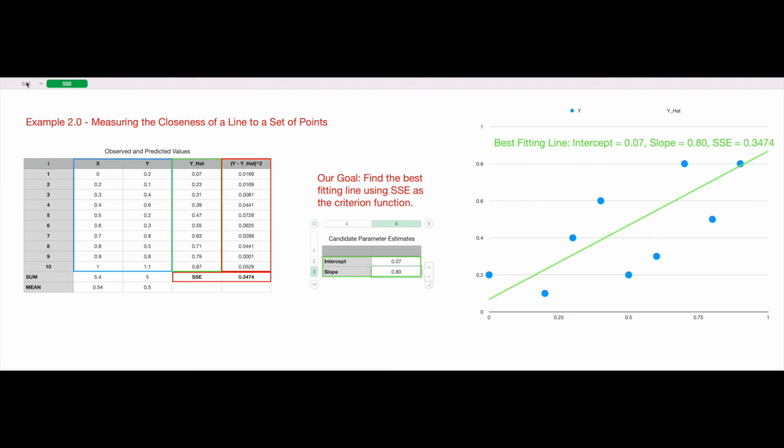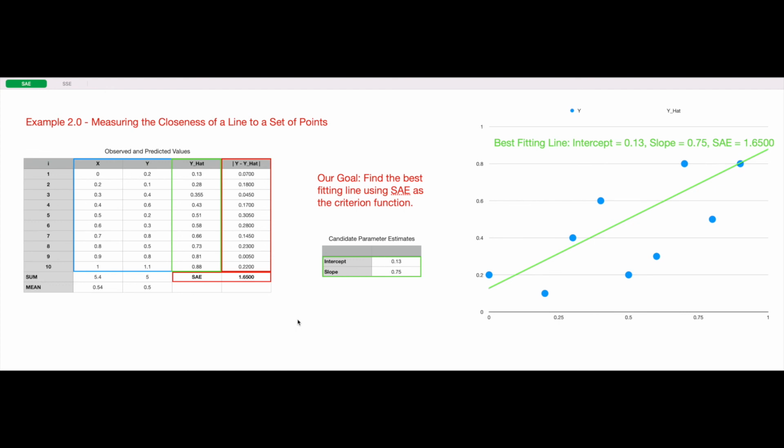When we toggle back and forth, we can see that minimizing the two criterion functions results in different lines. So that's what I wanted to demonstrate with this little spreadsheet: the idea of fitting a line, finding a line of best fit. To do this, it depends on the criterion function that we're using.